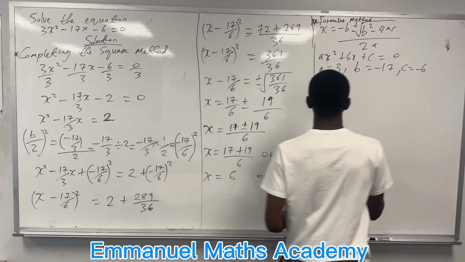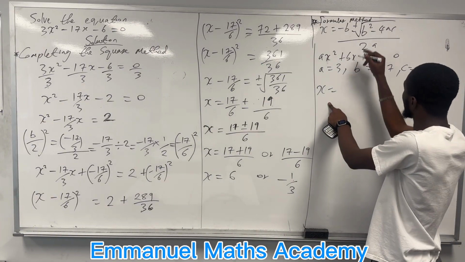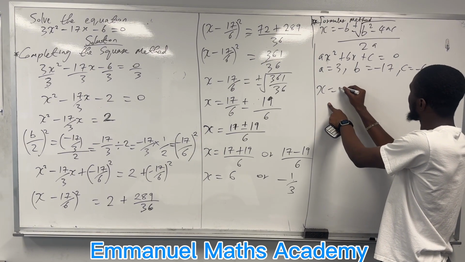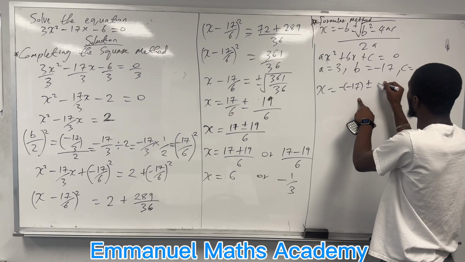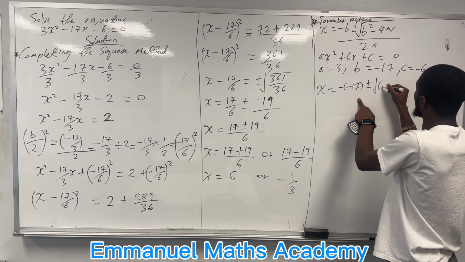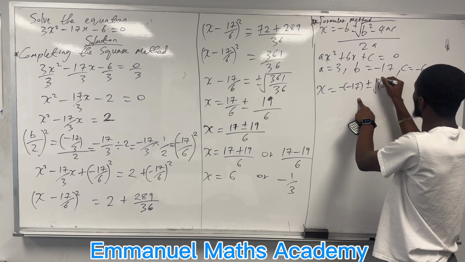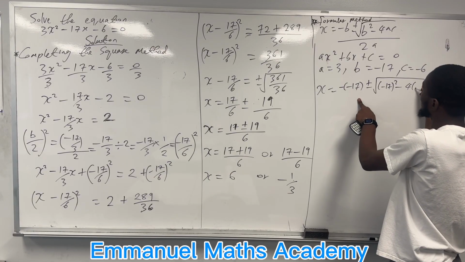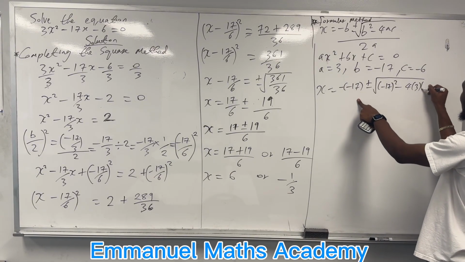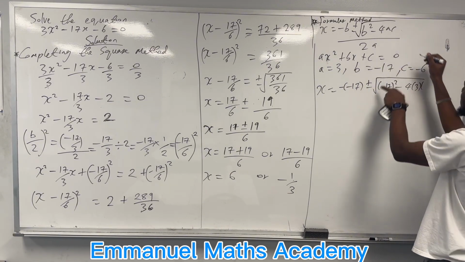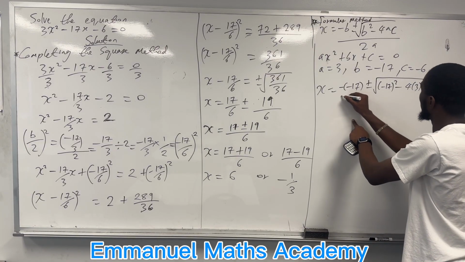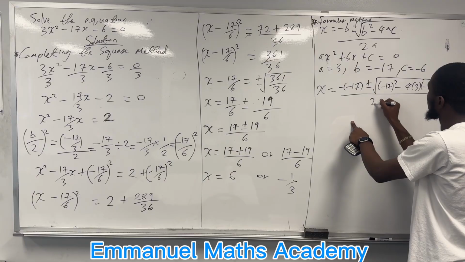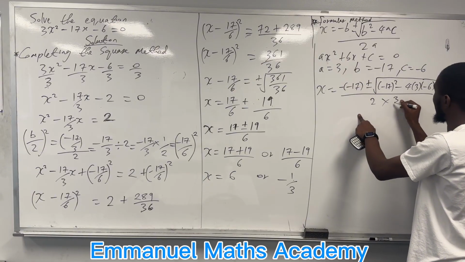If you plug this in, here we have minus b, minus minus 17, plus or minus the square root of minus 17 raised to the power 2 minus 4 times a, which is 3, times c, which is minus 6, all over 2 times a, times 3.